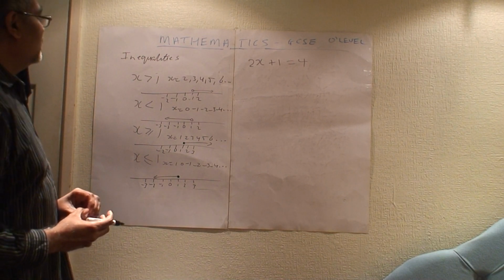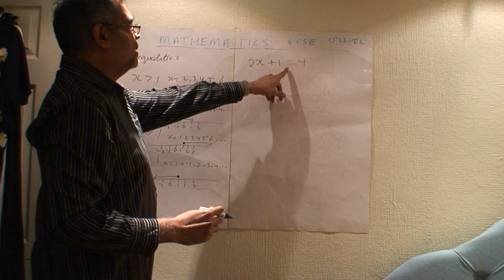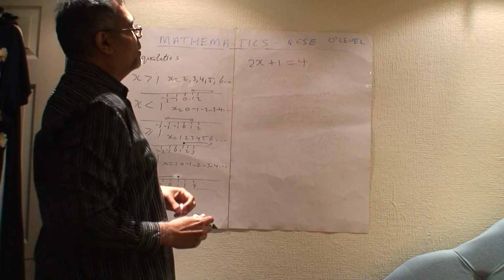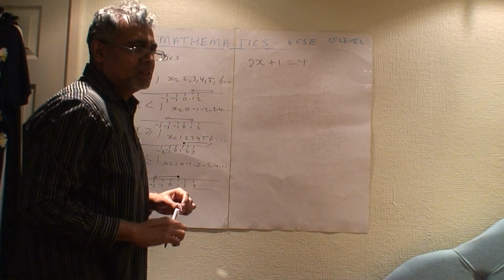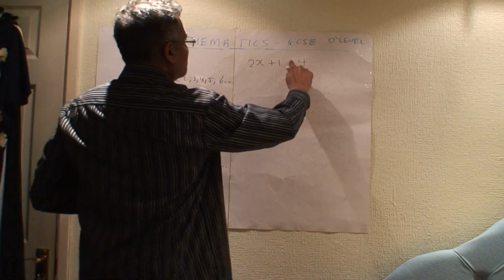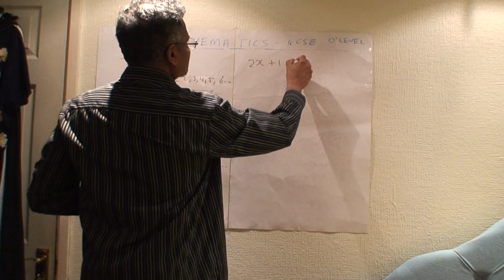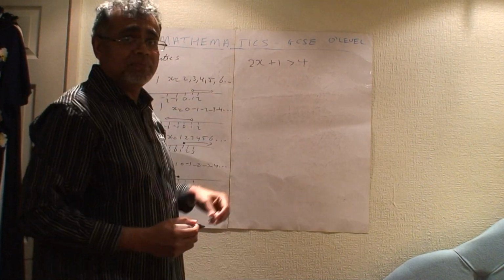Okay, so let's look at some examples. Originally, in an equation with an equal sign, you would see expressions like this, but in an inequality, you may get something like 2x plus 1 is greater than 4.